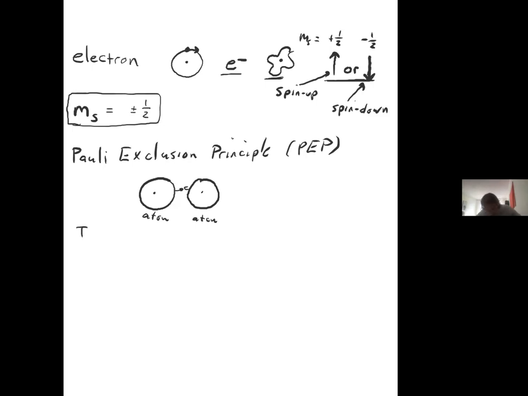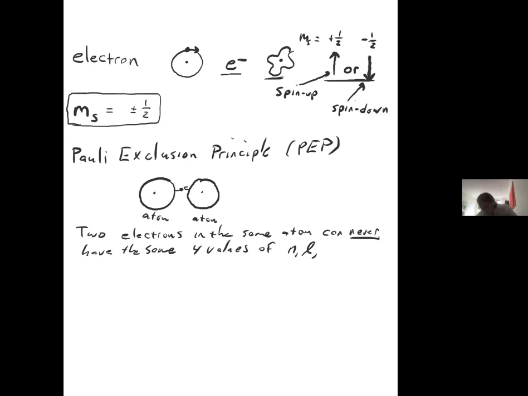Two electrons in the same atom can never have the same four values of n, l, m sub l, and m sub s. They can never have the same four values in the same atom.